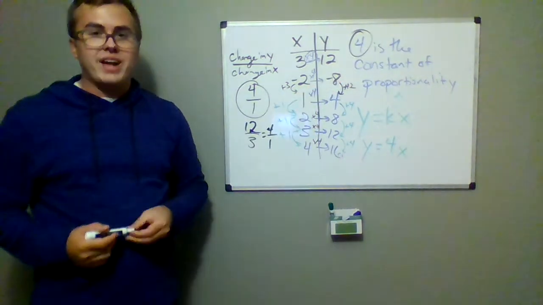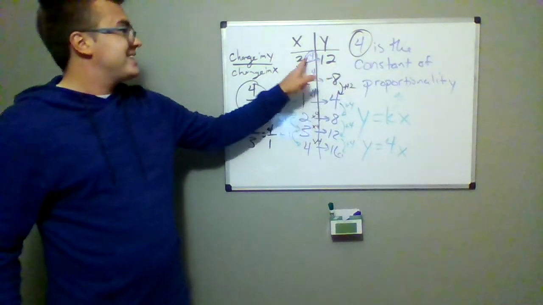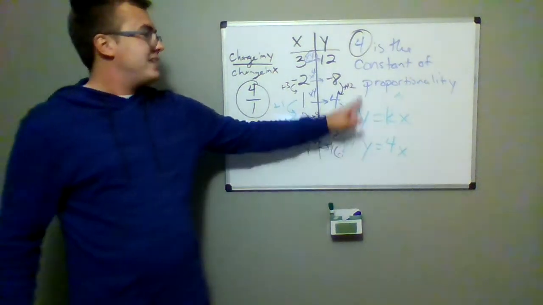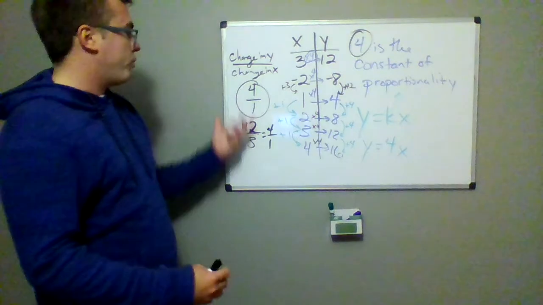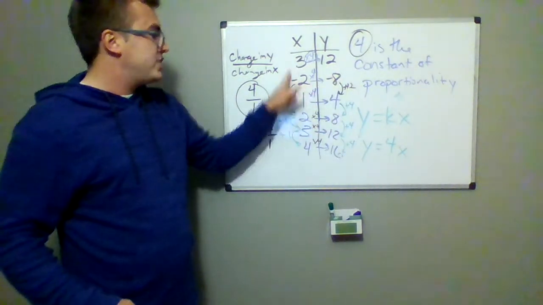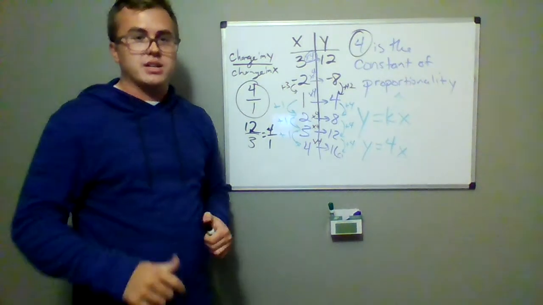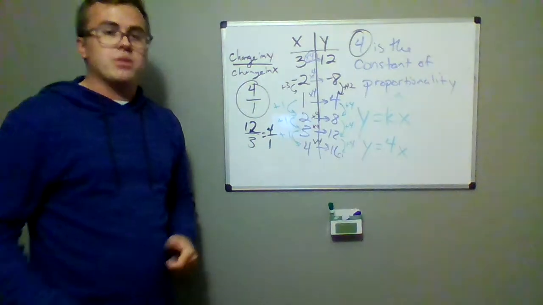That's why it's called the constant of proportionality. It's constant because it's the constant thing that we are multiplying our inputs by. And it's of proportionality because we can make those proportional ratios. We can make the change in y over the change in x be the same fraction. So we're going to look at a few examples of where that comes in handy.